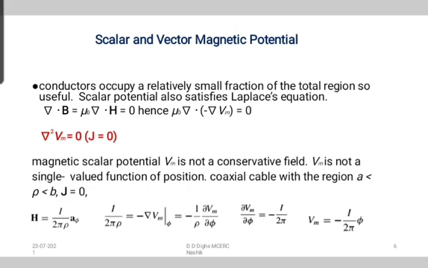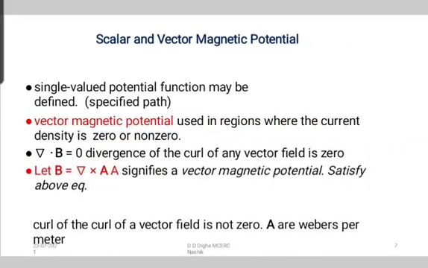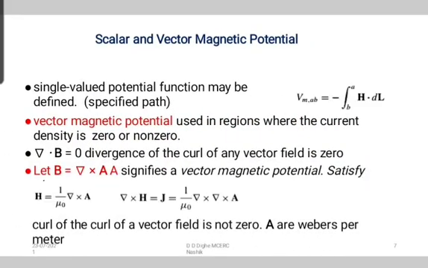The Vm is not a single valued function of position. Now the vector magnetic potential is used in the region where the current density is zero or non-zero. So del dot B is 0, as the divergence of the curl of any vector field is 0.